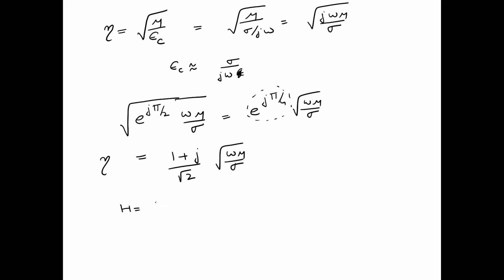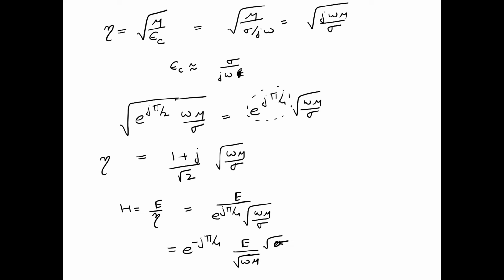My H is E by eta. So H now becomes E divided by e to the j pi by 4 times square root of omega mu by sigma. So H is e to the minus j pi by 4 times E times square root of sigma by omega mu.